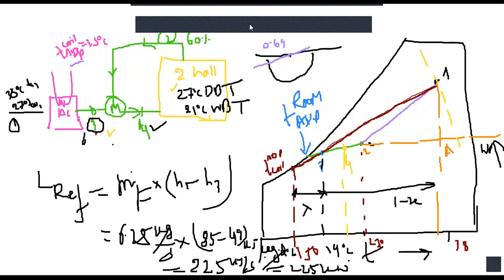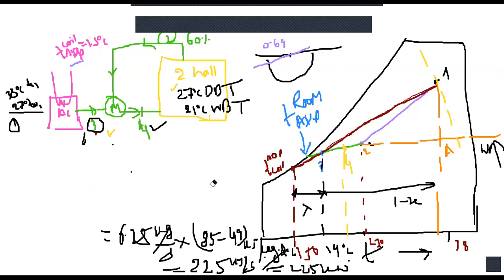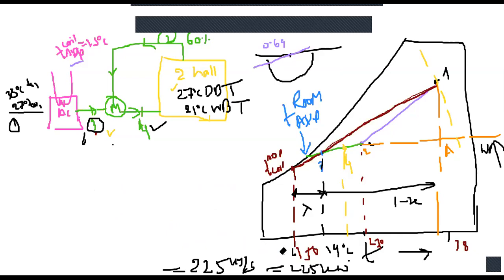225 kilowatt. Now erase this. Very important point. I already told in our physical classes why a slight variation of temperature does not affect the capacity of the AC, the ton of refrigeration, or the load of the AC.